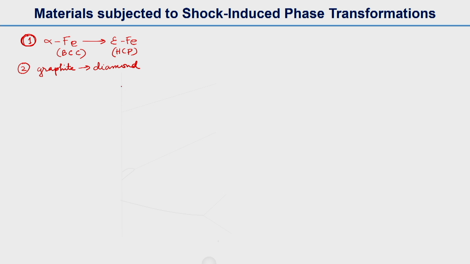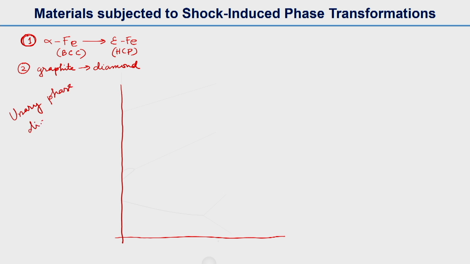In a previous class we already showed this phase diagram, the unary phase diagram of iron, Fe.